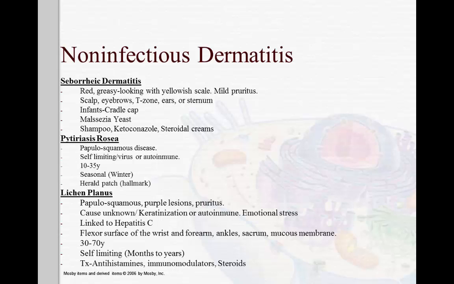Since it's self-limiting, it doesn't require treatment most of the time. Very common in the winter season. Common in the ages of 10 to 35, affects mostly women. It's caused by a viral infection, but it could also be related to autoimmune disorders.